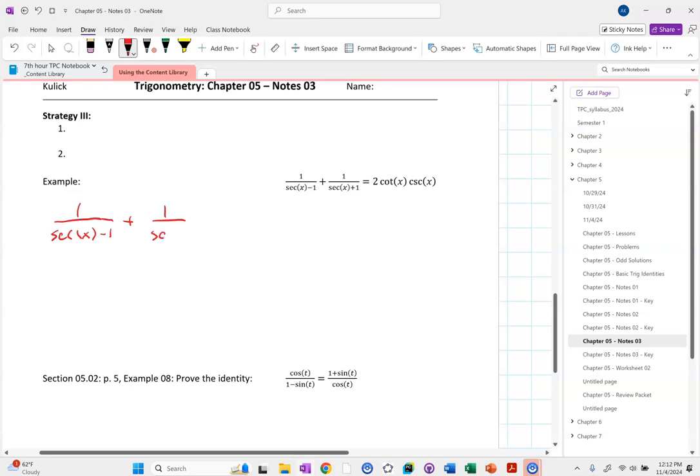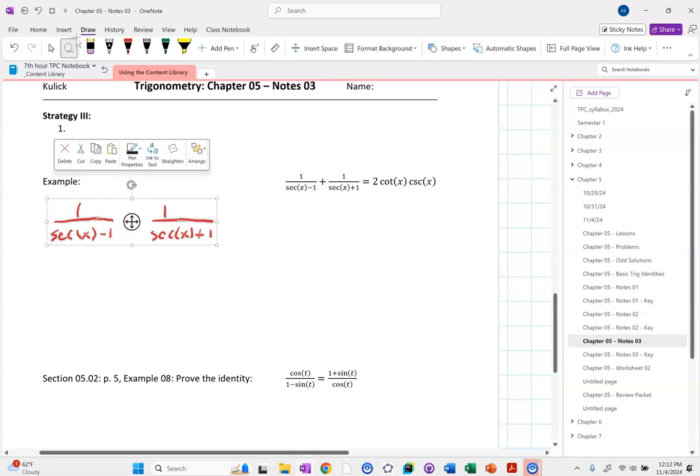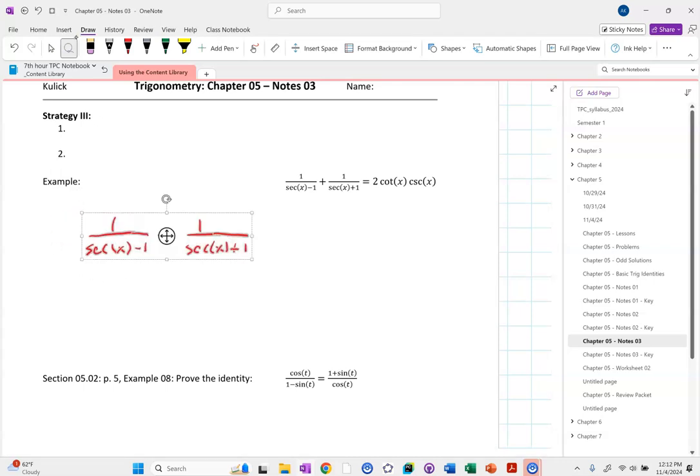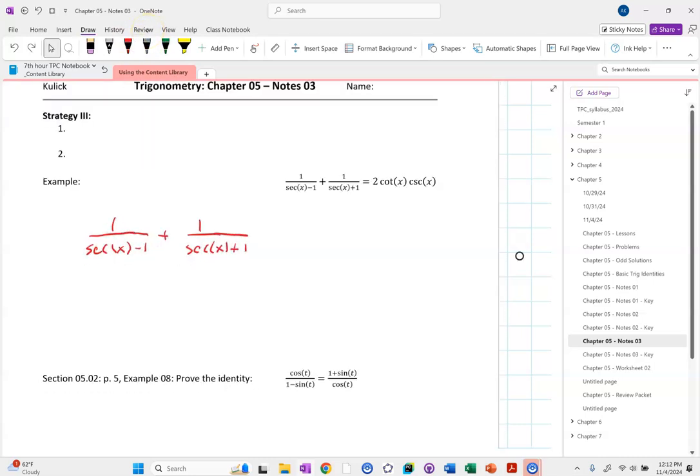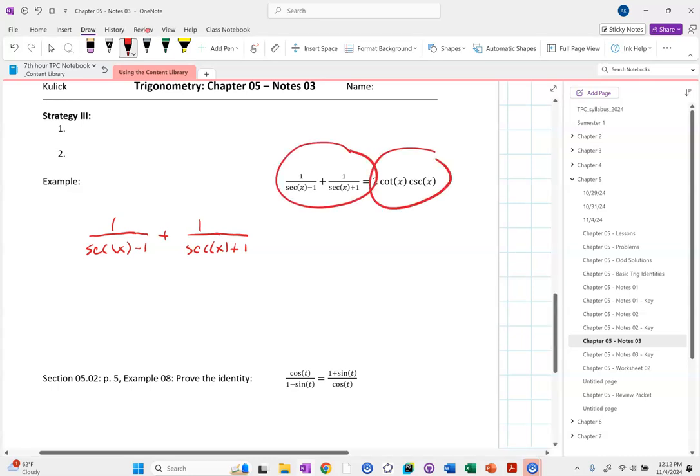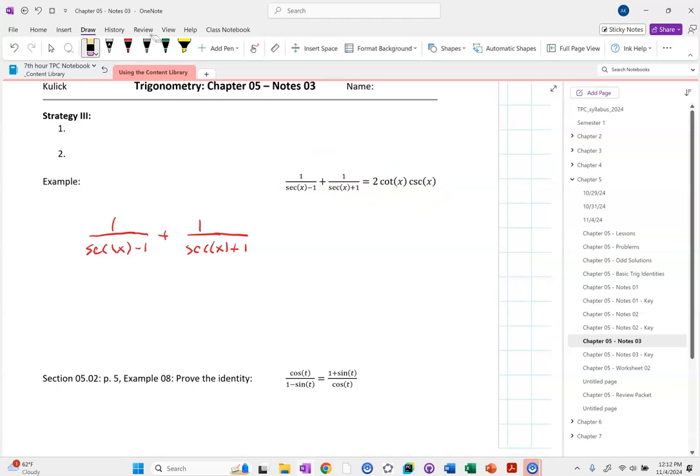Cross multiplication is never something that we can do with an identity, and you couldn't use it here anyway because you don't have one fraction equal to another fraction. Here we have the sum of two fractions. So you can't cross multiply, even if you were able to, but you aren't when you do an identity problem.